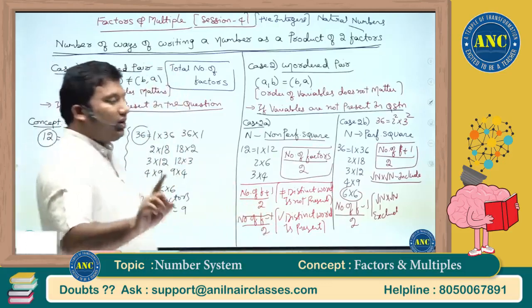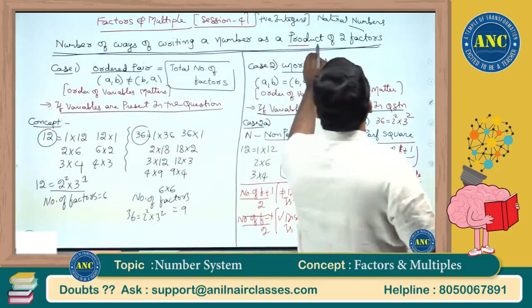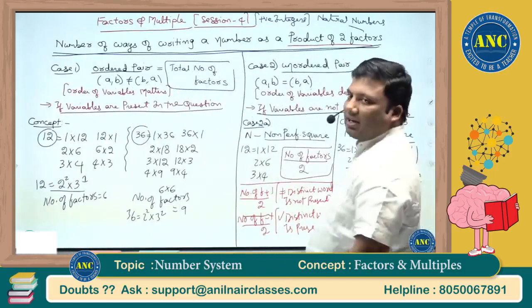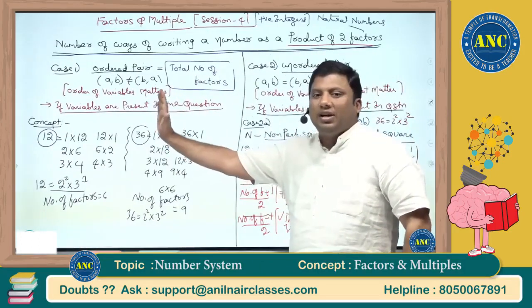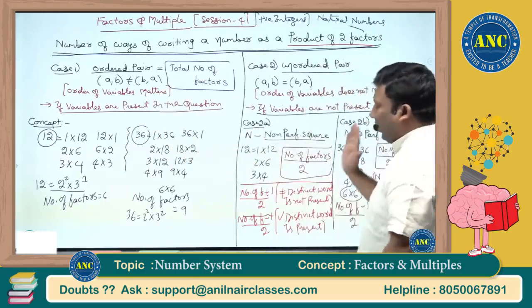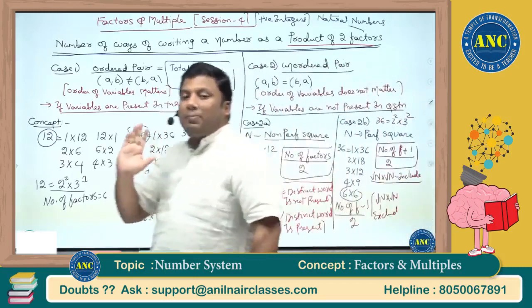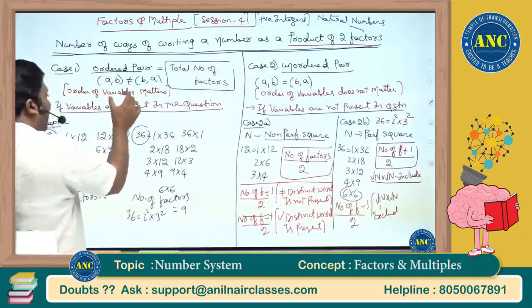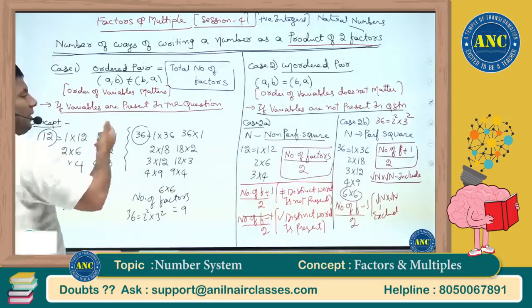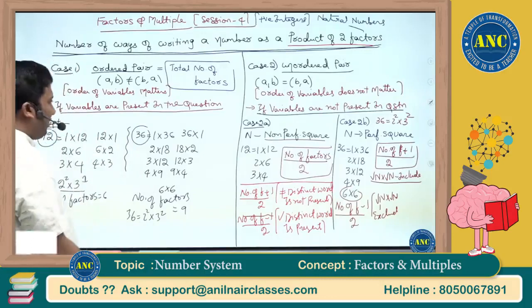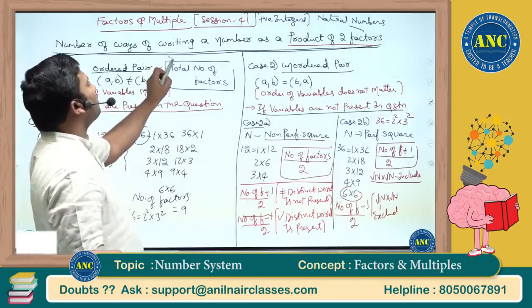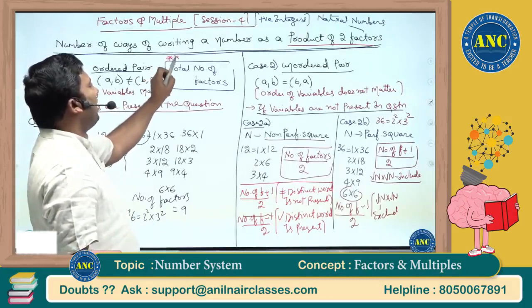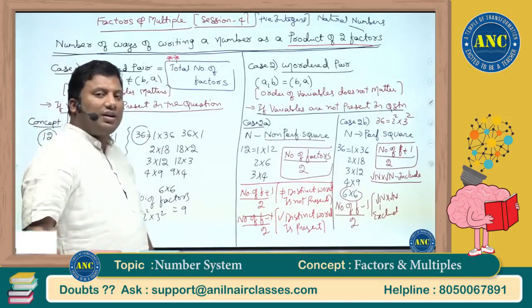Again, I am repeating: in how many ways can you write a number as a product of two factors? If variables are present in the question, use ordered pair. If variables are not present, use unordered pair. In ordered pair, whether the number is a perfect square or a non-perfect square, the answer is always the total number of factors.